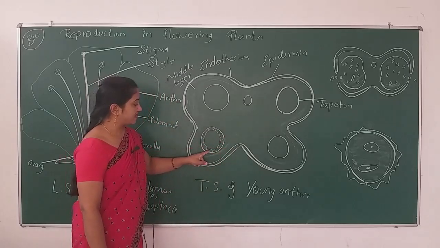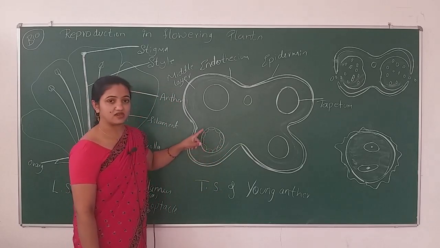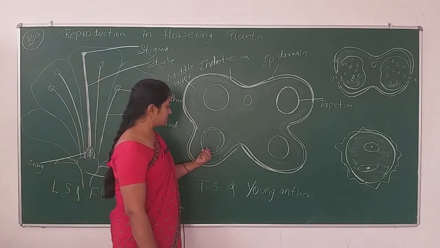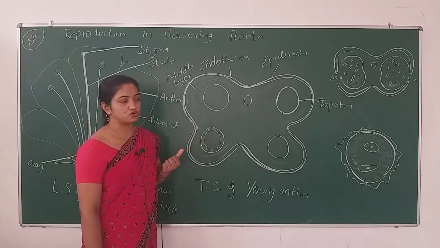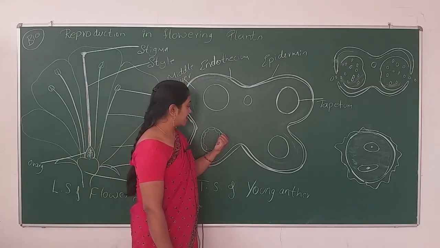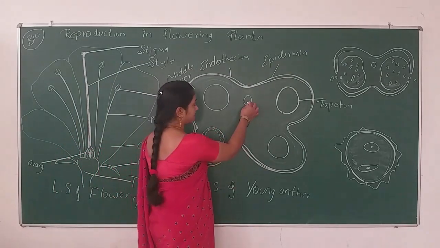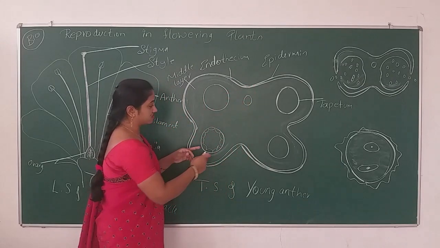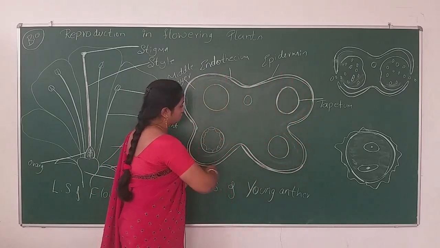Why does one cell in the tapetal layer have more nuclei? Because karyokinesis occurs but cytokinesis does not occur. That's why the tapetal cells have more nuclei. Now I forgot to consider the lobes. This is one lobe and one more lobe.